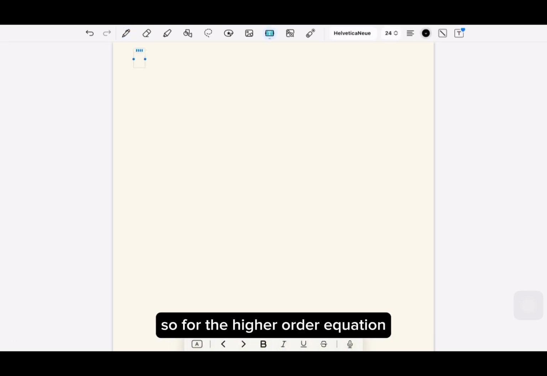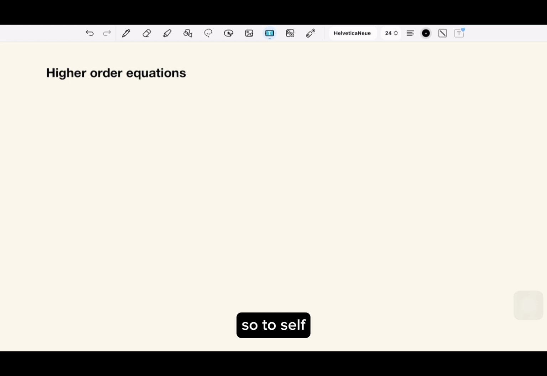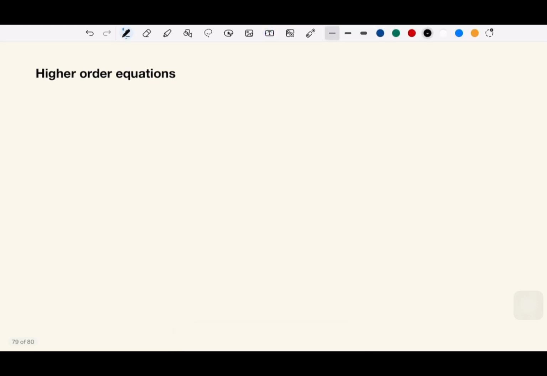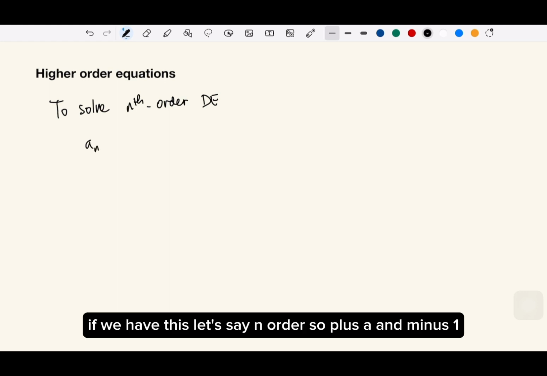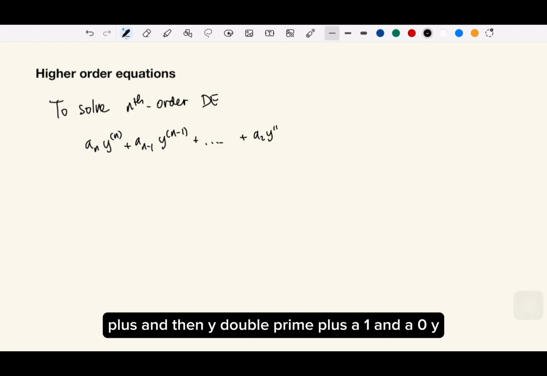So for the higher order equation, to solve we have this, let's say n order, a n y to the n plus a n minus 1 y to the n minus 1 plus and so on, plus a2 y double prime plus a1 y prime and a0 y.